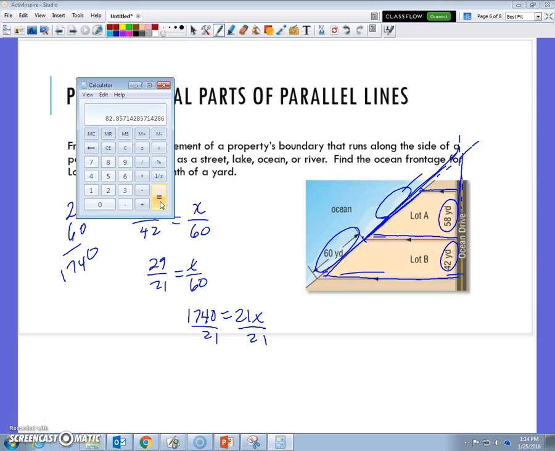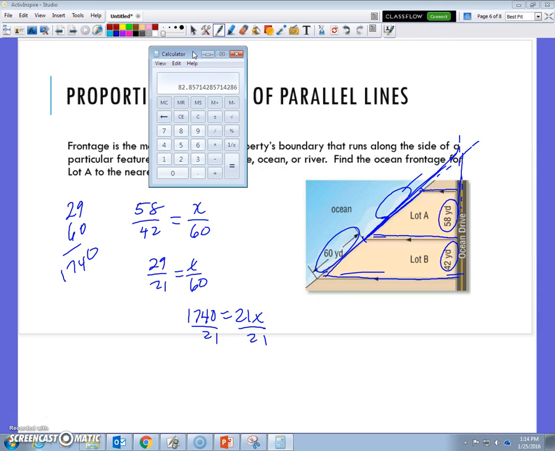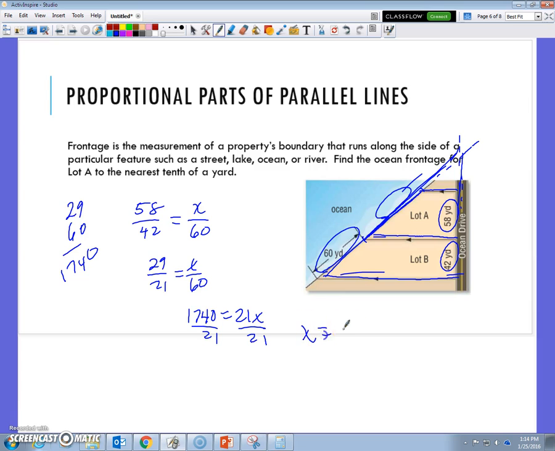So it does say to the nearest tenth of a yard, so let's go ahead and say 82.9. In this case, x equals 82.9. And we're finding the frontage, so yards is that distance, 82.9. All right, so it's just a comparison similar to that of yesterday's.